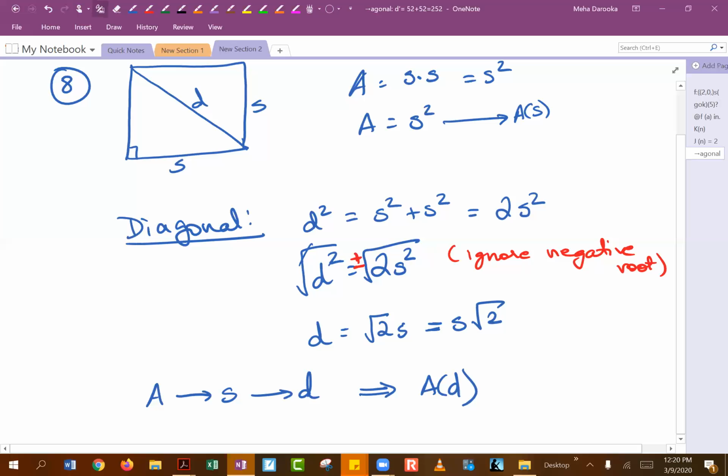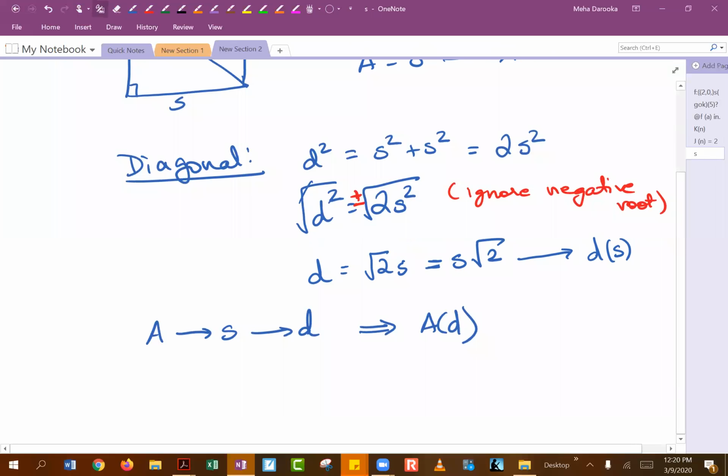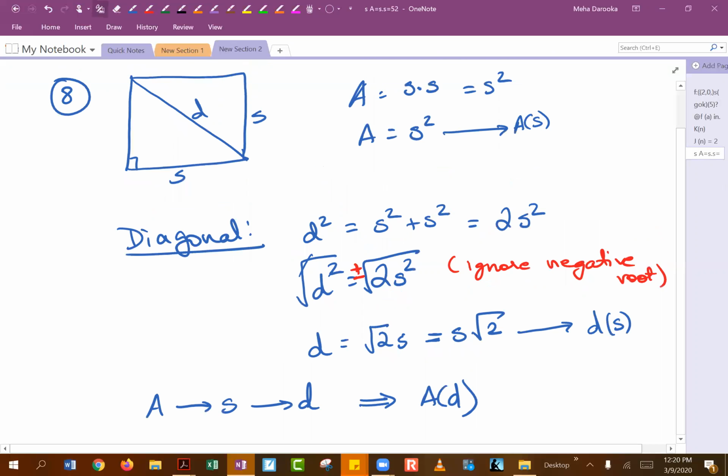Okay, so right now, this one is d as a function of s. This first one, area, is a function of s. We are basically trying to rewrite it as A as a function of d. When we say as a function of, we're saying what your variable is. So when I say A of s, or A is a function of s, I am saying that you are calculating the area based on the side of your square.